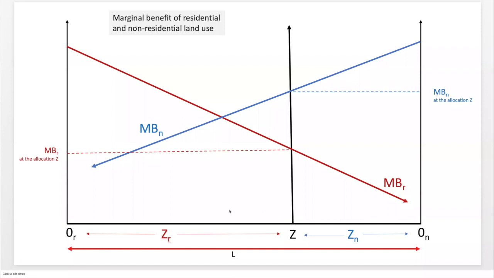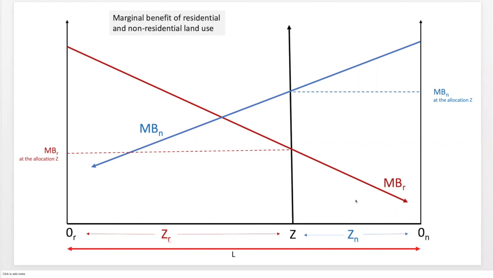That does not mean that these marginal benefit curves themselves are mirror images of one another, because the factors that contribute to marginal benefit of residential land use or non-residential land use are quite independent.